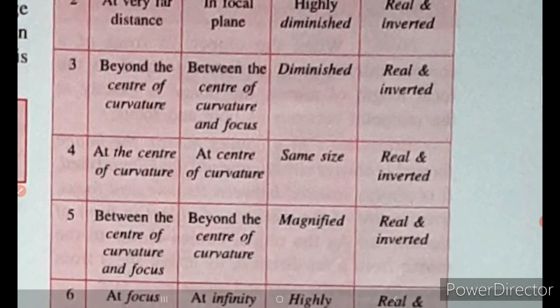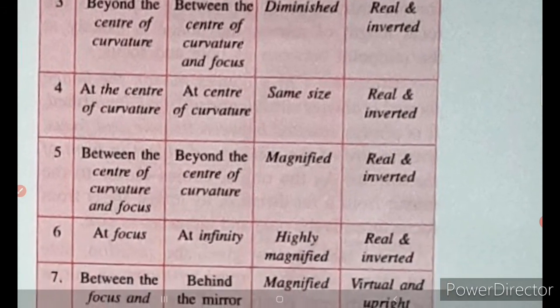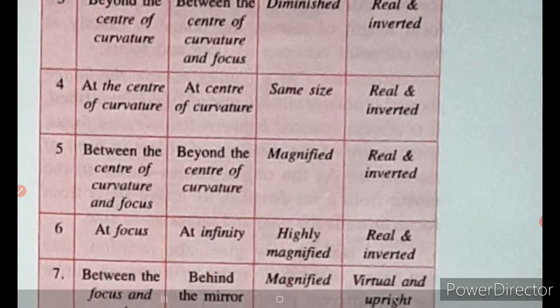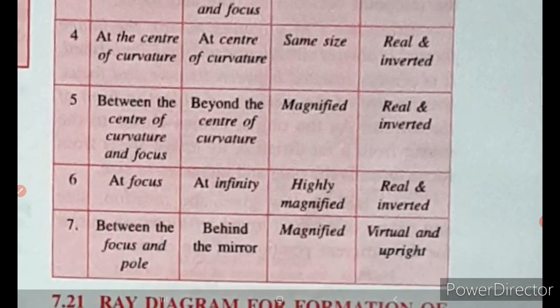Beyond the center of curvature, it was formed between the center of curvature and the focus, it was diminished, real and inverted. Number 4, at the center of curvature, the image was also formed at the center of curvature and it was of the same size, real and inverted. The 5th case, between the center of curvature and the focus, it was formed beyond the center of curvature, it was magnified, real and inverted.